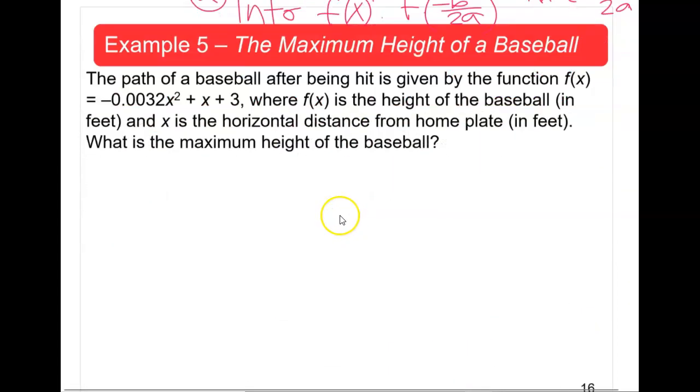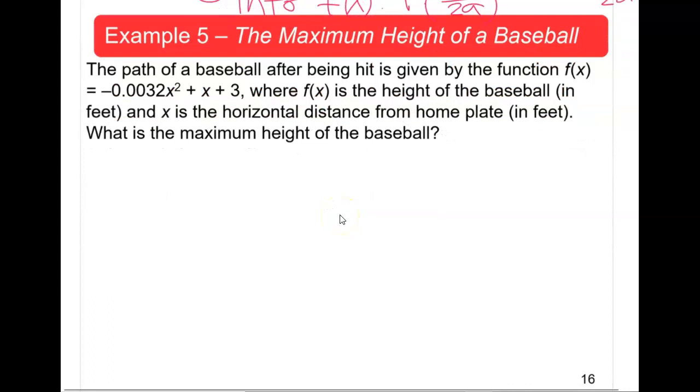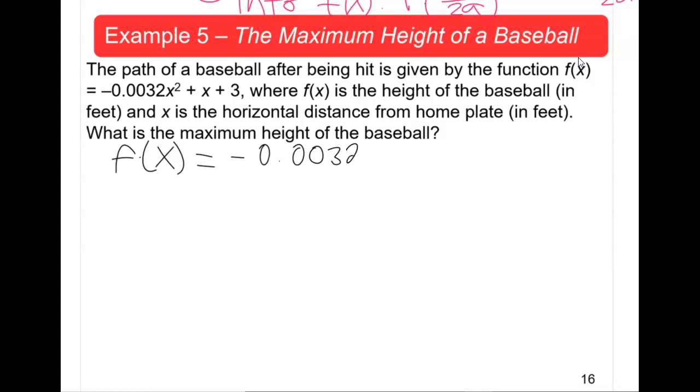So let's see that with our last example of this section. It says the path of a baseball after being hit is given by the function f of x, and then we have the equation. So I'm just going to rewrite it here: negative 0.0032 x squared plus x plus 3.